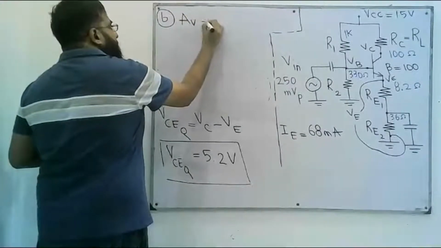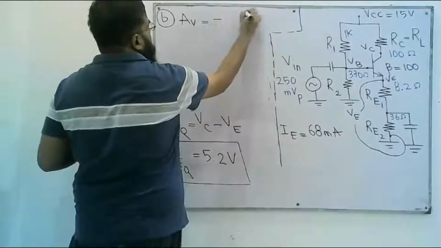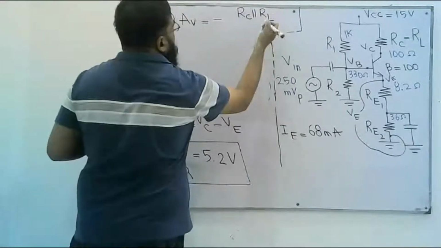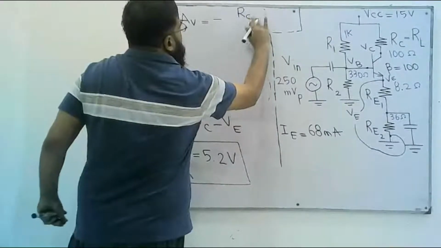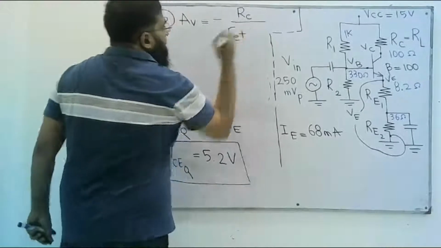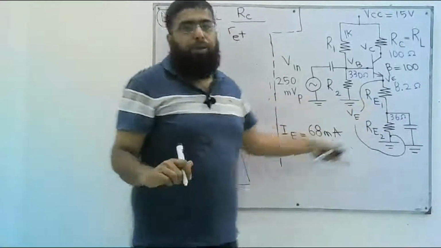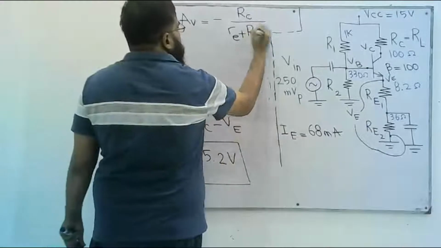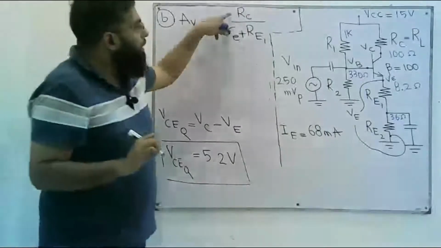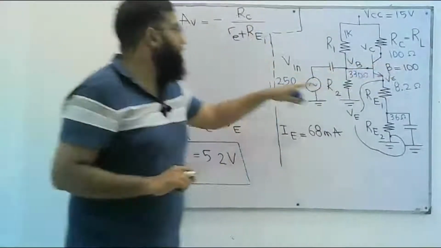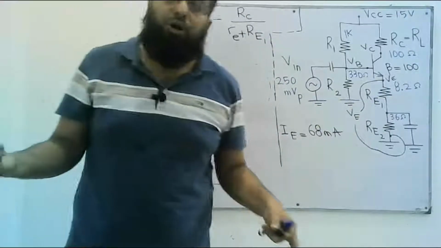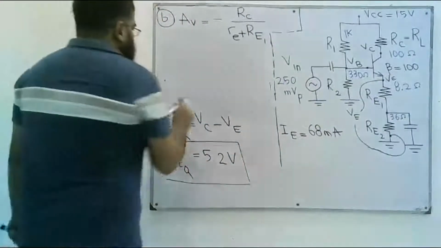We have to find AV, and we know that AV is minus RC in parallel with RL. There is no RL, there is only one resistor RC, divided by small re plus the portion of RE that is not bypassed, RE1. We know RC is 100 ohms, we know RE1 is 8.2 ohms, but we do not know small re. How to compute that?